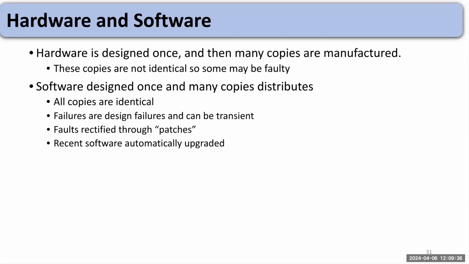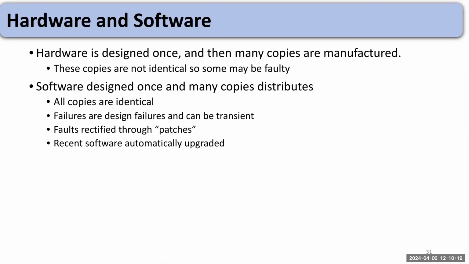But in hardware, there may be small differences between one copy and the other copy. These copies are not identical, so many may be faulty. So some manufactured copies may be faulty. Some are very good. That is not like in the software. All copies are identical because the same copy is copied and sent to the market.